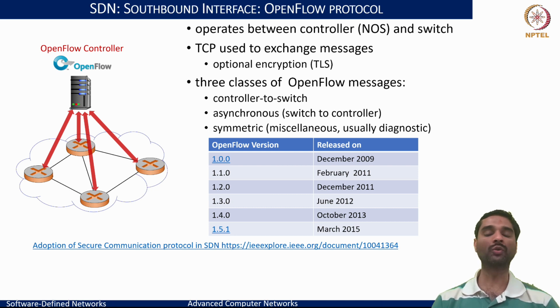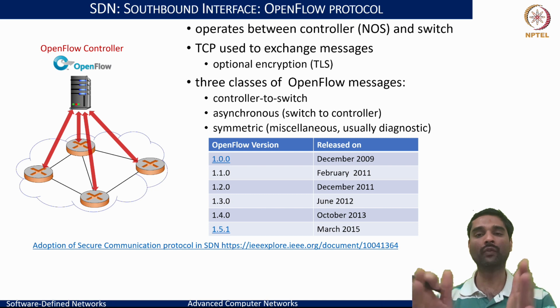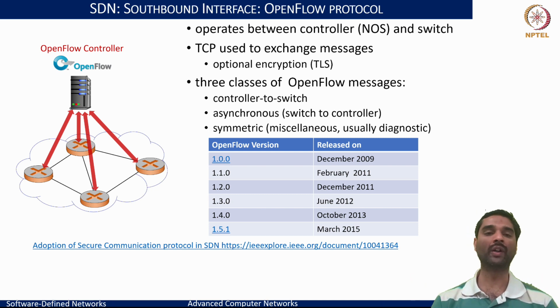By March 2015, we have version 1.5.1 of the OpenFlow specification that describes the exact messaging constructs for each of these cases and the sequence of operation, in essence the overall protocol for communication between the network operating system or the SDN controller and the OpenFlow devices. Let us look at some of these aspects.